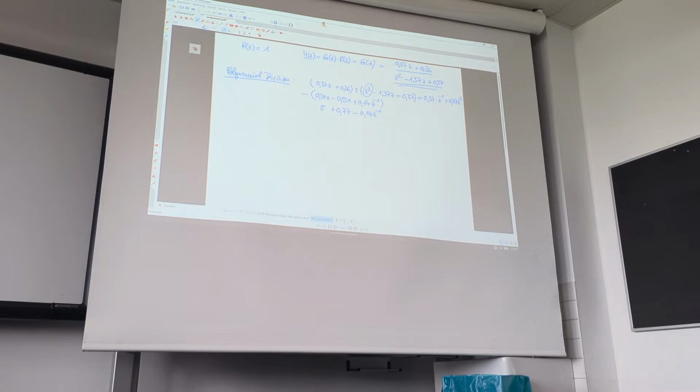And again, the same game. Here we get then the 0.77. And then 0.77 times 1.37, what's that? What's the product? 1.37 times 0.77? 1.05.